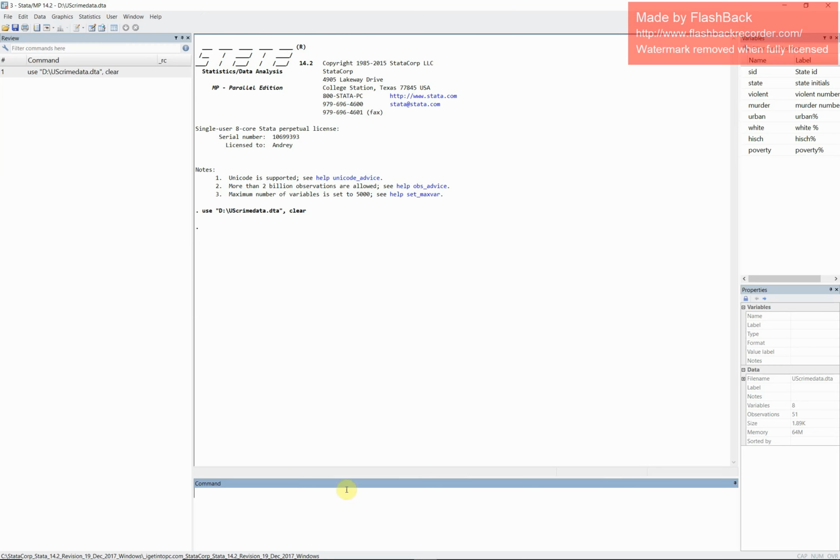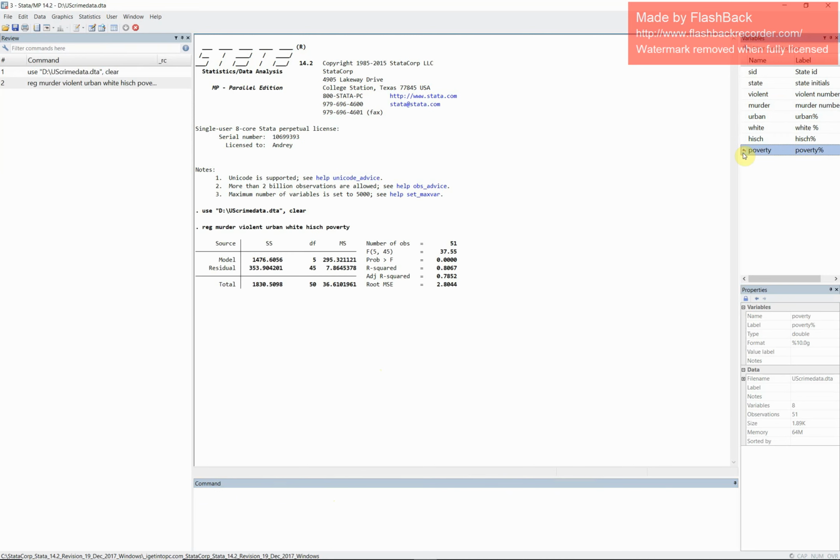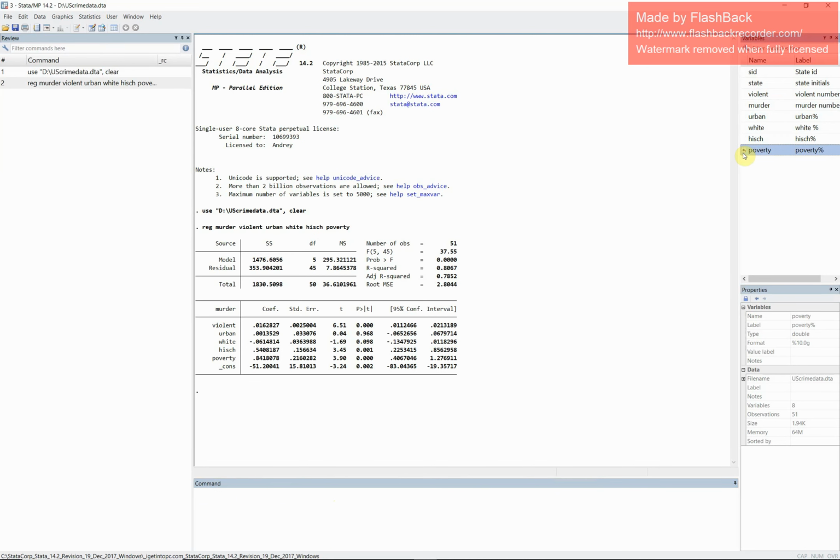Let us run our regression first. Our dependent variable is murder, and the independent variables are violent, urban, white, high school, poverty. The linktest command is used to test model specification.